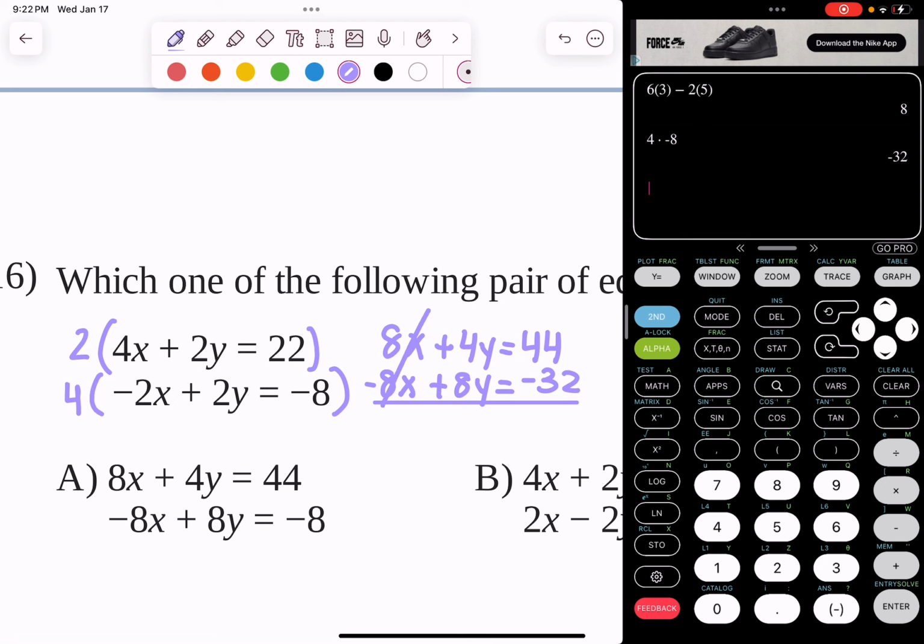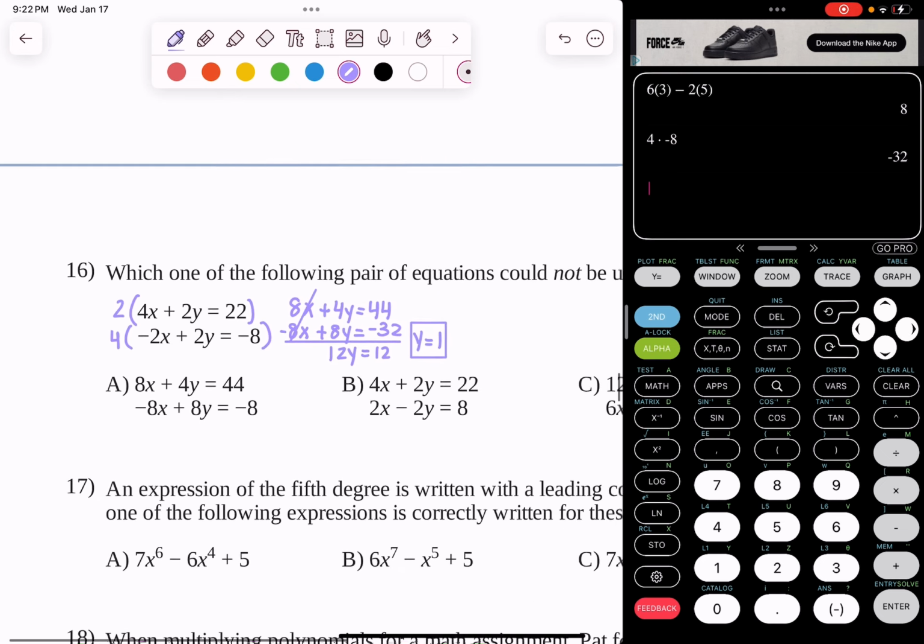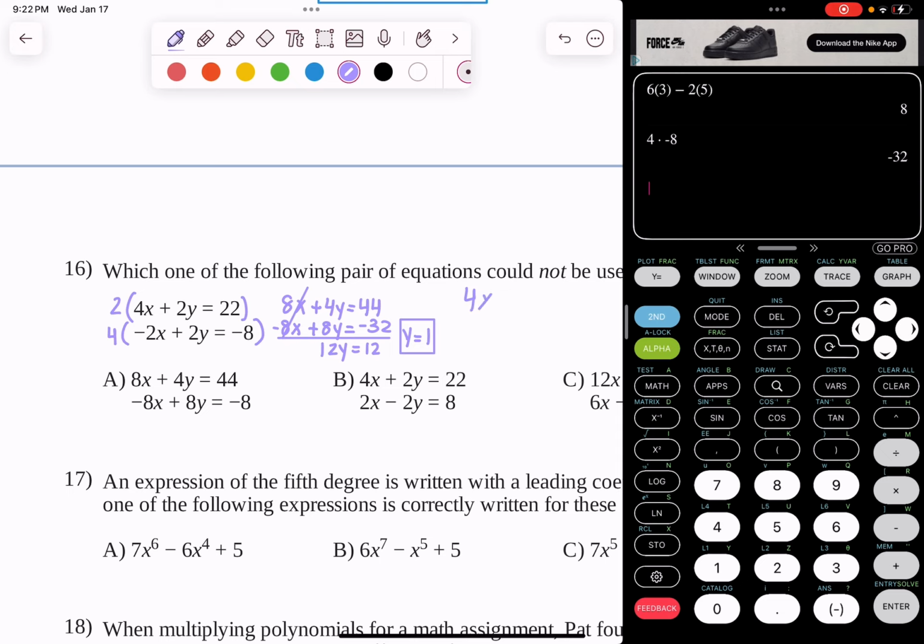All right, let's add these together. 8x minus 8x is 0. 4y plus 8y is 12y. And 44 minus 32 is 12. Divide by 12, y equals 1. And now we could use either equation to find what x equals. I'll just use the first one. 4x plus 2, replace my y with 1, equals 22.